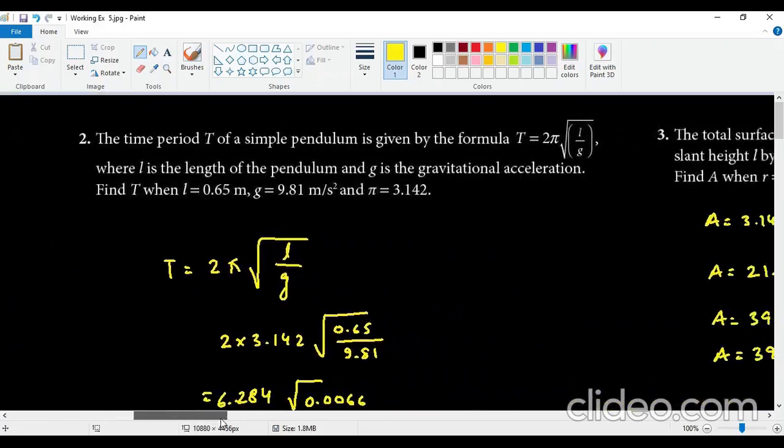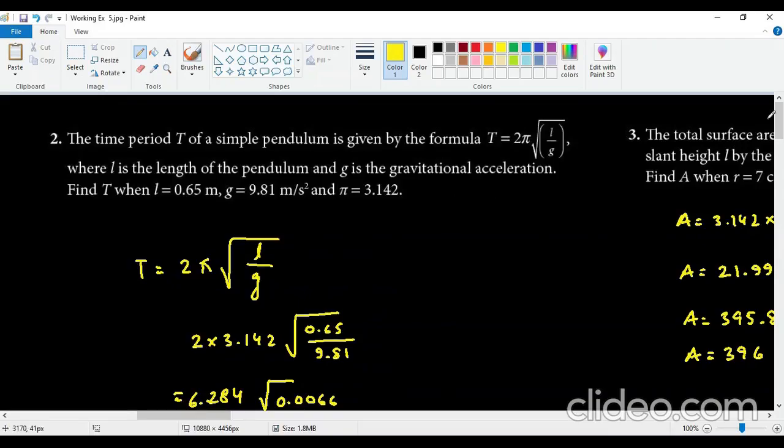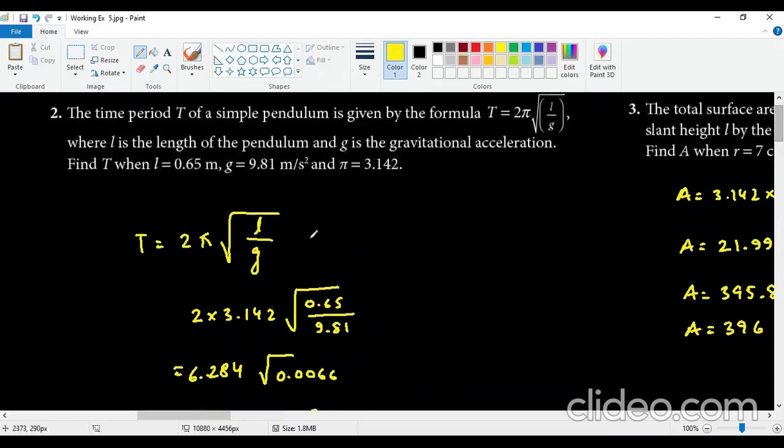Now comes question number 2. The formula is given as in the previous question. We just need to put the values. Values are already given in the question itself. We need to find the time. Find t when L is 0.65 meters, and g is 9.81 meters per second squared, and the value of pi is 3.142.